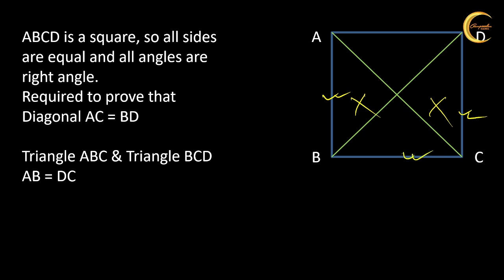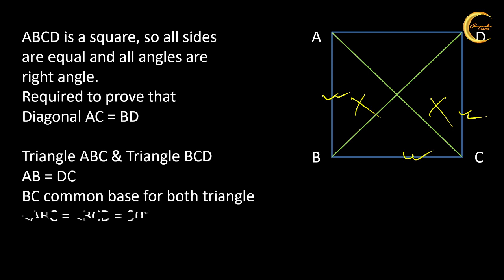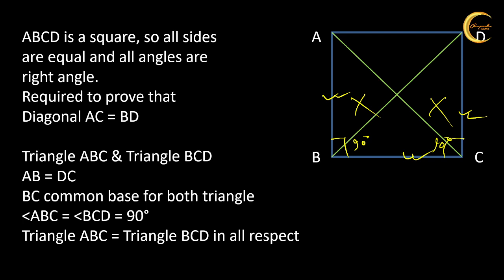Angle ABC equals angle BCD, both 90 degrees. So triangle ABC equals triangle BCD in all respects, meaning the corresponding six parts are equal. So we can easily prove that AC equals BD.